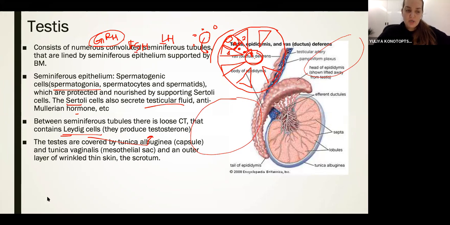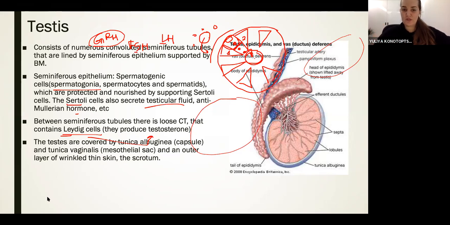Without going too much into details of embryology, every embryo has two ducts. They are called Mullerian duct and Wolffian duct. Every embryo, doesn't matter, boy or girl, initially has two ducts.